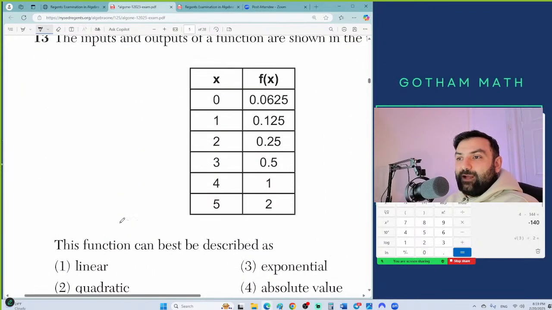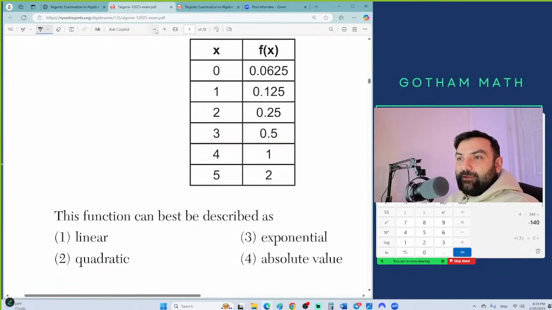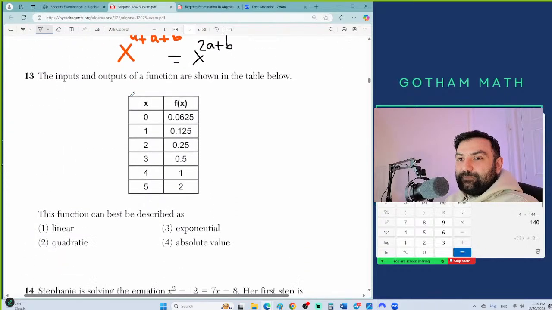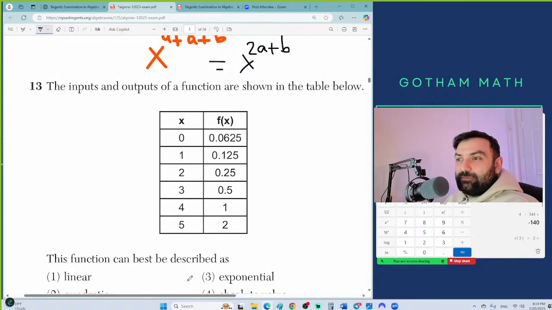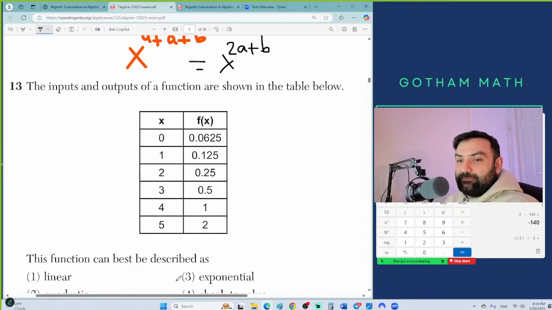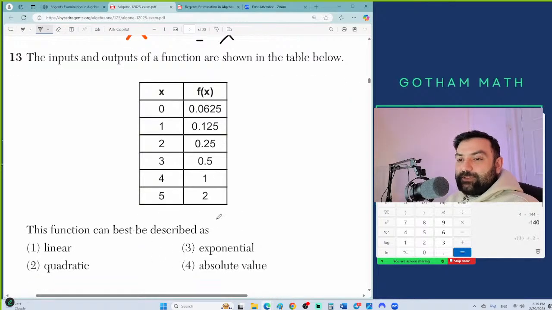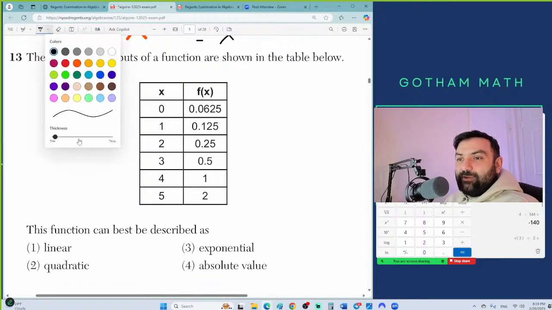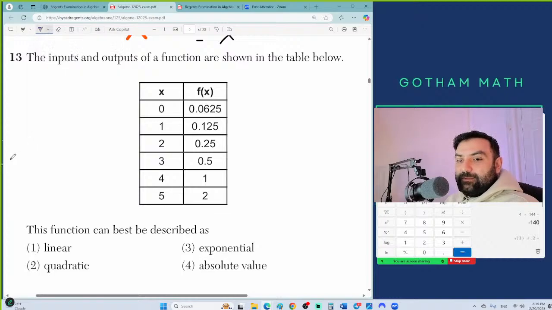All right. Now, the inputs and outputs of a function are shown in the table. The function can be best described as, all right, linear, quadratic, exponential, absolute value. All right. Let's look at them. Well, x goes 0, 1, 2, 3, 4, 5.